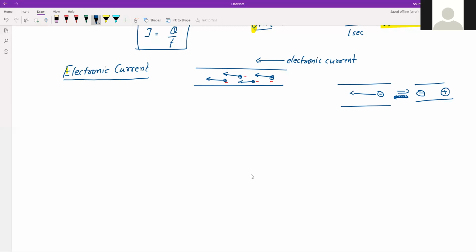So what we are seeing here is that if electron is moving in this direction, then a positive charge is moving in this direction. So the direction of flow of positive charge is actually this, that it is moving in this direction. And this is our conventional current.